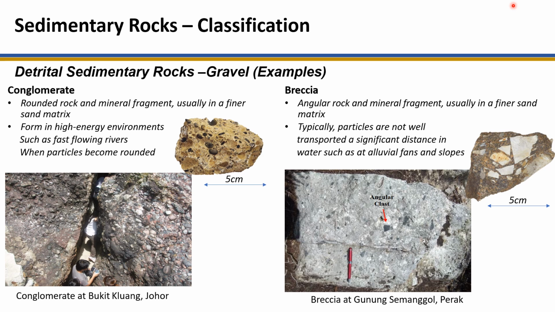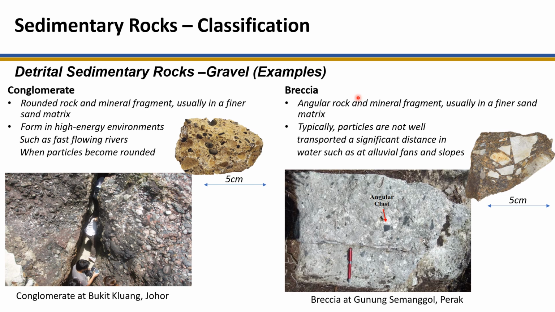And now we move into breccia. Breccias are detrital sedimentary rocks that are made up of clasts in the form of rock and mineral fragments that are angular. So the keyword is angular. This is what makes breccia different from conglomerate. Conglomerate is rounded while breccia is angular, which means they have not been worn smooth by the action of water and wind.